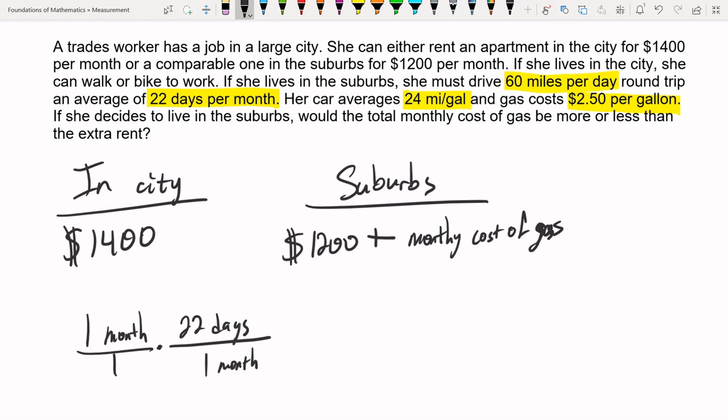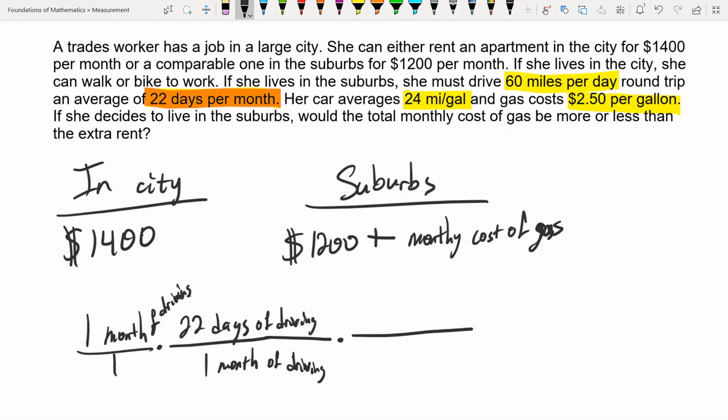Now 1 month is like 30 or 31 days, but we're not converting between days and months in general. We're converting days and months in our problem. Well, this still creates a unity fraction because she does drive on average 22 days per month. That was given to us here.